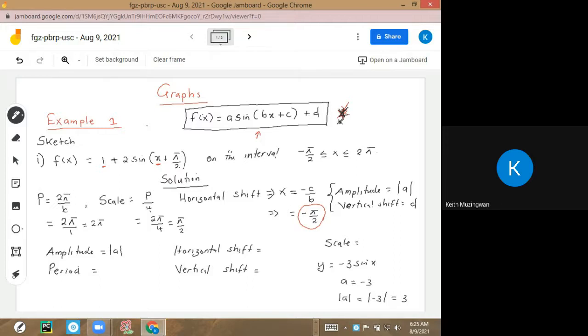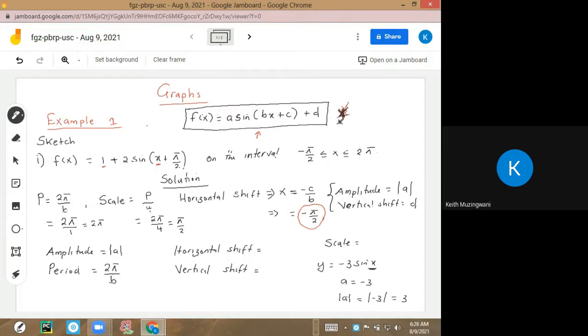Second thing, the period. The period will be 2 pi, you know 2 pi is 360, so the period is going to be 2 pi over B. B is the coefficient of x. There will only be one x, just like there will only be one sine in that function. So the coefficient of x here is 1, so you would say 2 pi over 1.